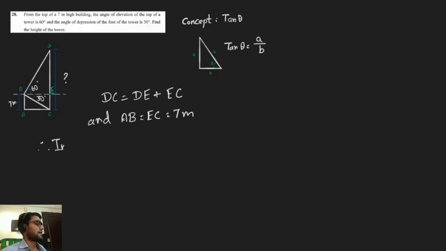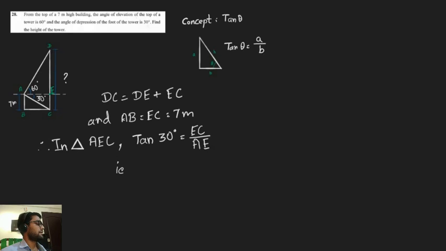For that, we'll consider the triangle AEC. So in AEC, the tan of 30 degrees can be written as opposite by adjacent, which is EC upon AE. Now rearranging the terms, we get the value of AE.